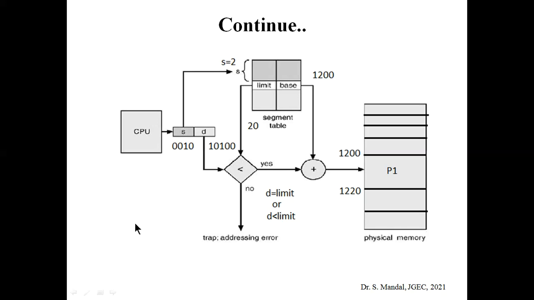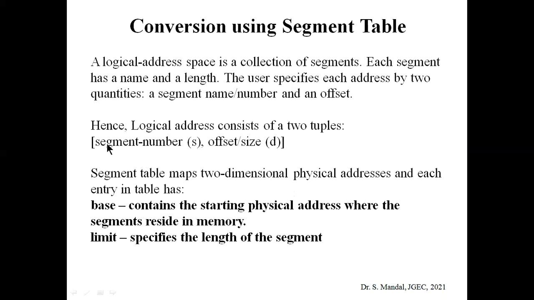Now let's see the conversion process. Suppose a CPU requests to load segment 2 into the physical memory. Whenever the CPU requests this, it will generate a logical address. For segment 2, the logical address consists of two parts, as we know from the earlier slide: the segment number and the segment size.